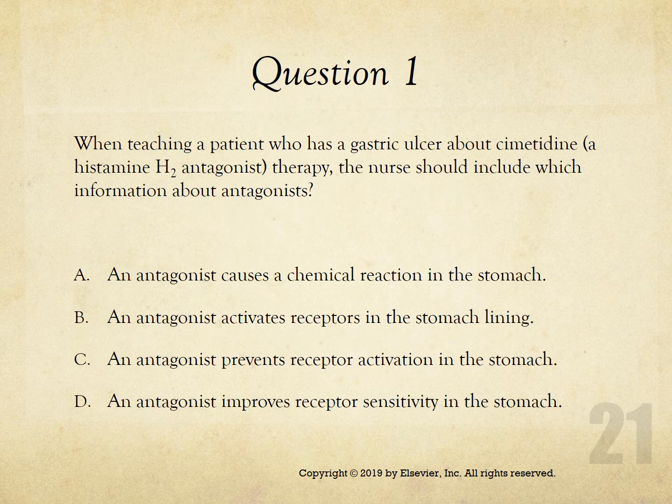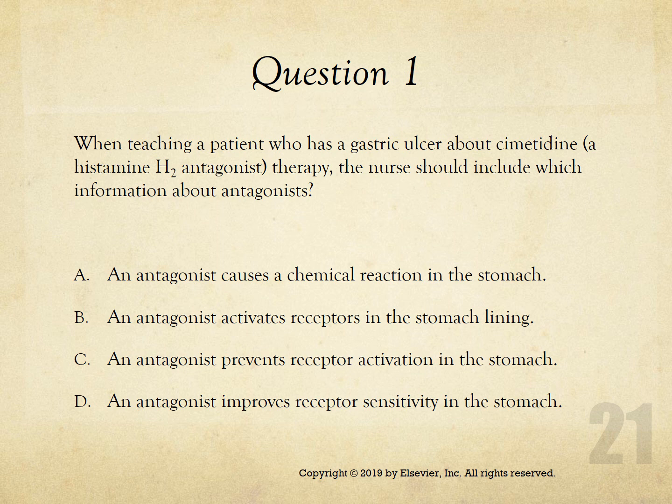Now we'll have some questions about the content from this slide presentation. You're teaching your patient who has a gastric ulcer about cimetidine, which is one of the histamine H2 antagonists. And what would you include about the information with an antagonist?